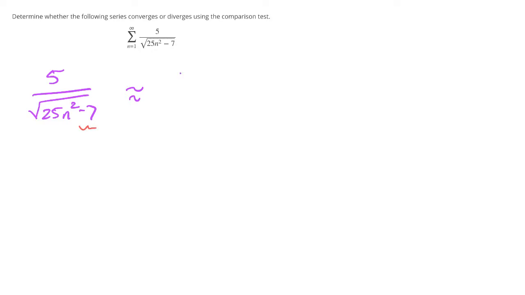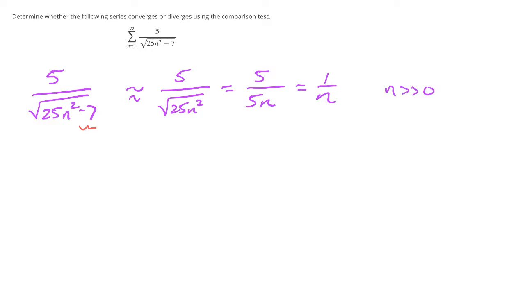So this really starts to look like 5 over the square root of 25 times n squared, which is basically 5 over n, or simplifying even more, 1 over n. As n gets very, very large, this is going to resemble 1 over n.